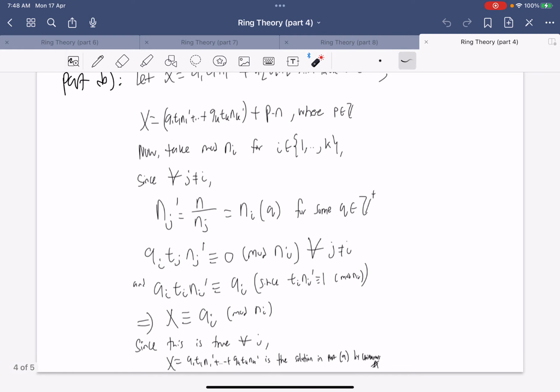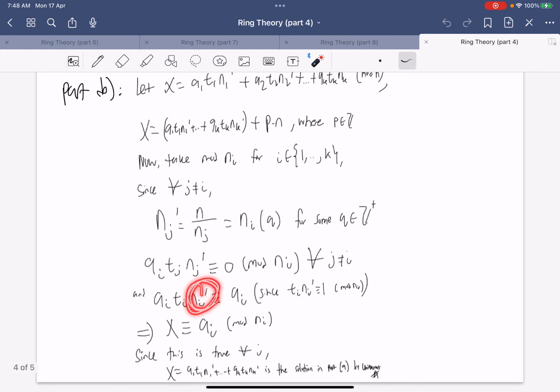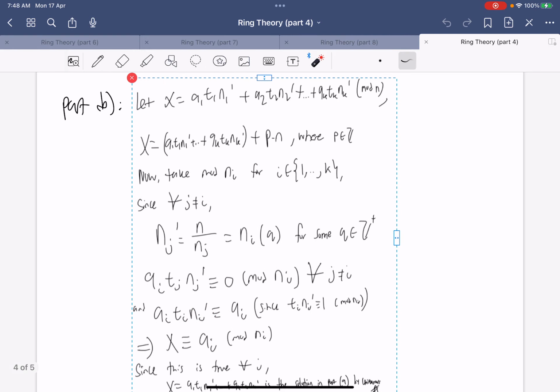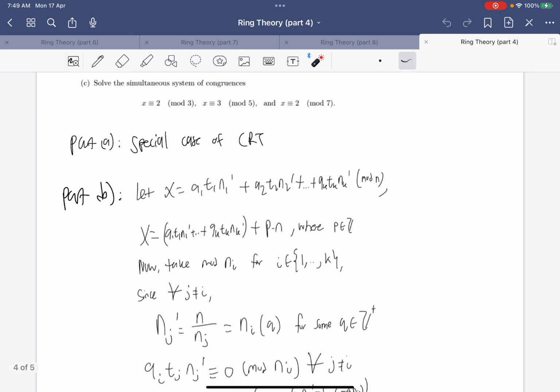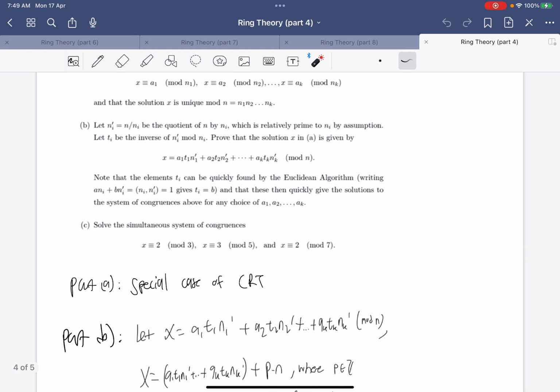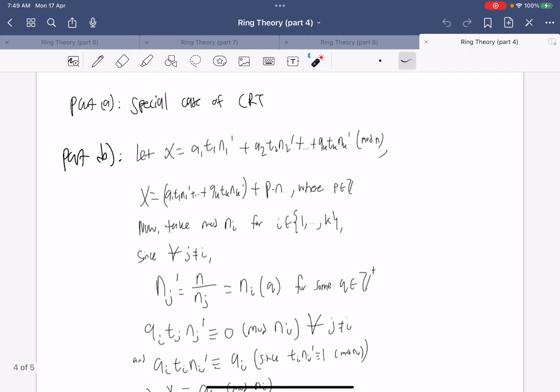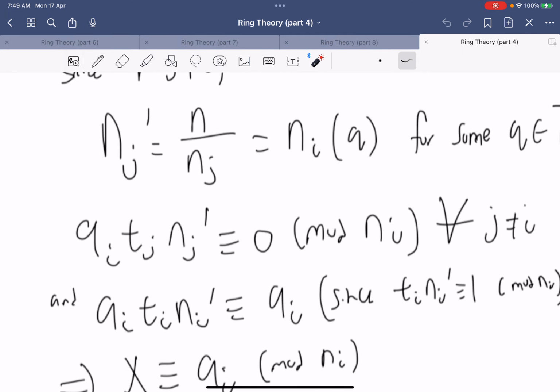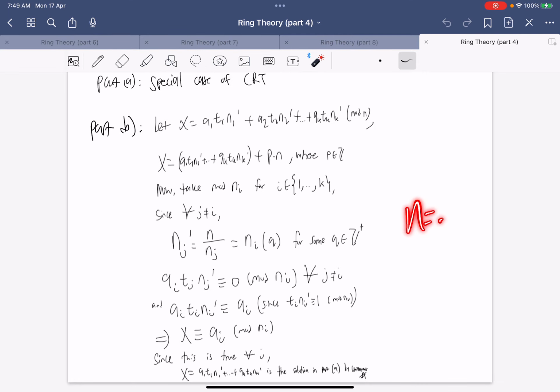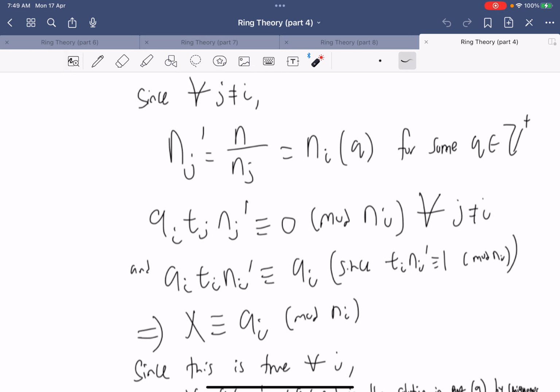And so what you're left with is the only part with ni prime, because ni prime is defined to be n over ni. So n has the factor ni, and when you take away ni, the remaining factors are all coprime to ni already. So you're only left with this term.